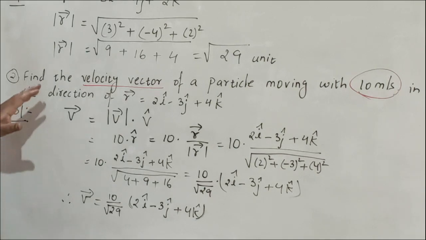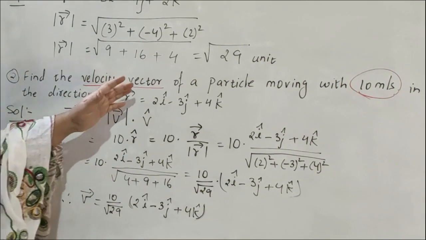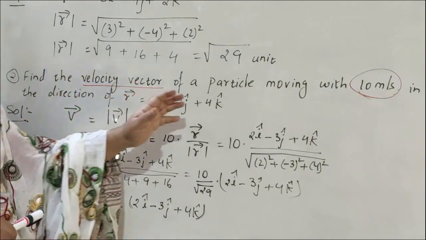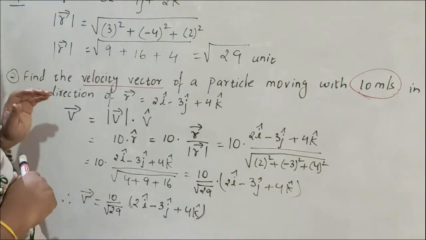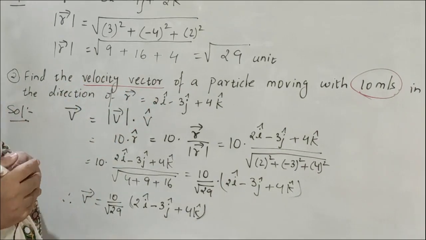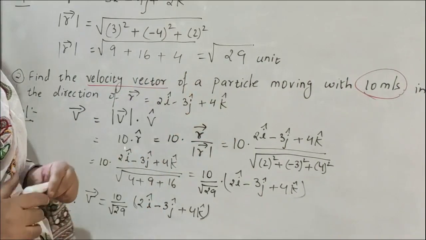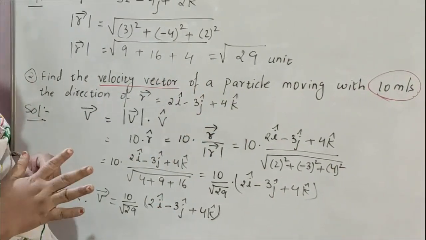Once again, find the velocity vector of a particle moving with 10 meter per second in the direction of r vector. There is a particle. It is moving with what velocity? 10 meter per second. What is its direction?